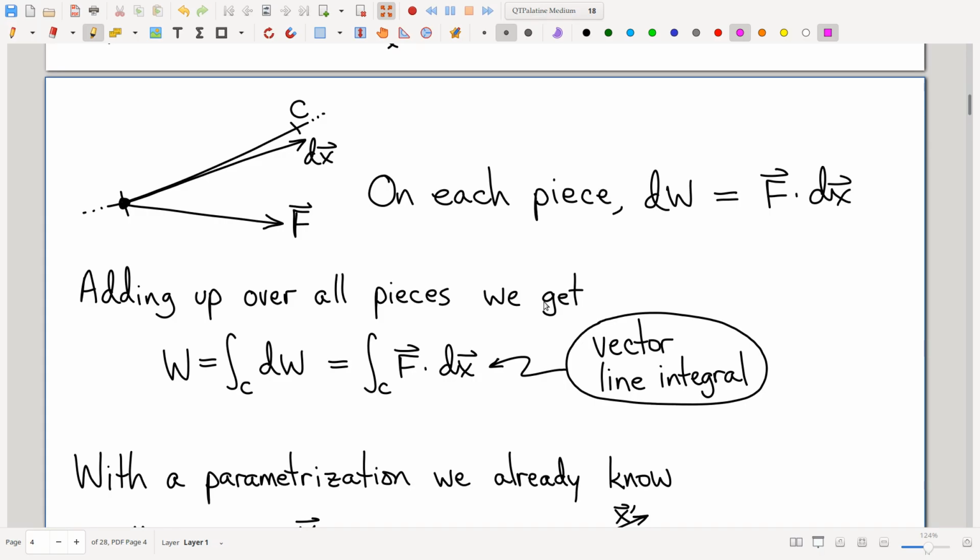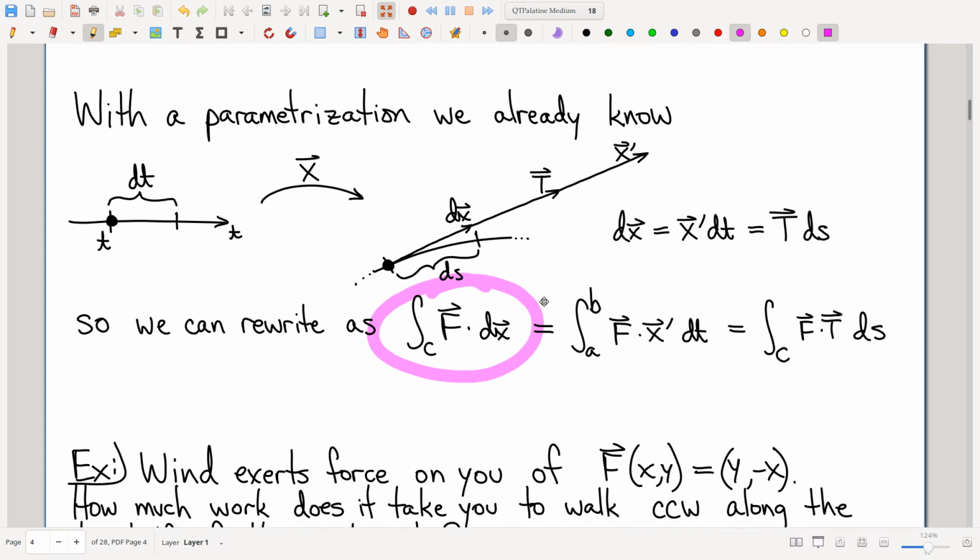I like being able to see that in the notation. The dx vector represents my displacement along each little piece of curve. I like being able to see that in the notation. I feel like it's very immediately satisfying when you write down this vector line integral like this. It's really very natural in that way. So that's nice.